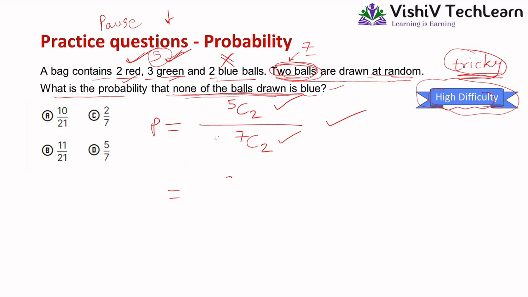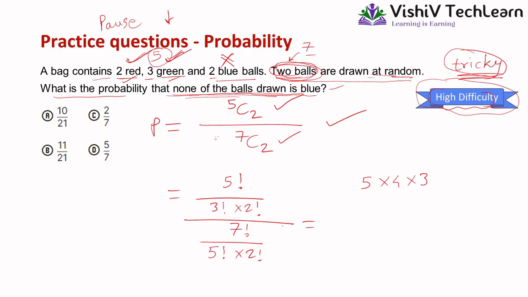Let's simplify it. 5 factorial upon (5 minus 2) factorial, that is 3 factorial, into 2 factorial, divided by 7 factorial upon (7 minus 2) factorial, that is 5 factorial, into 2 factorial. Simplifying, 5 factorial can be written as 5 into 4 into 3 factorial upon 3 factorial into 2 into 1. So 3 factorial we can cancel here.